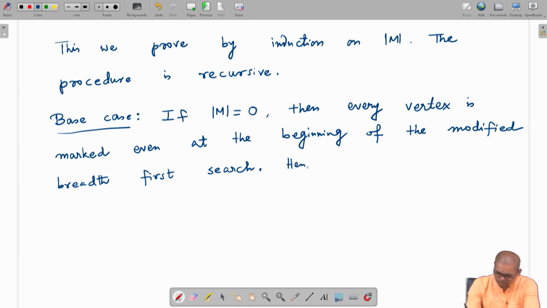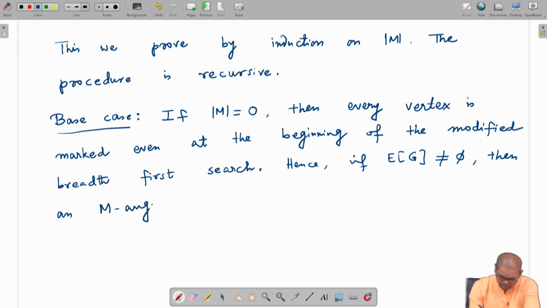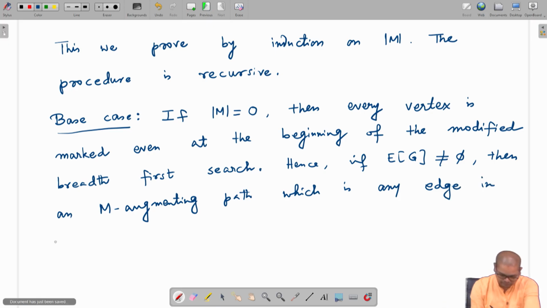Hence, if the graph G has any edge, then an M augmenting path, which is any edge in this case, is returned by the algorithm.